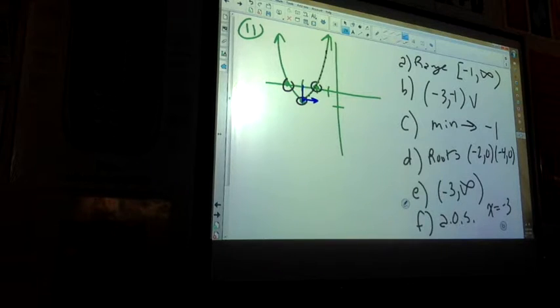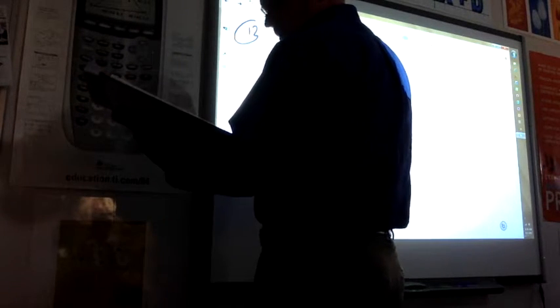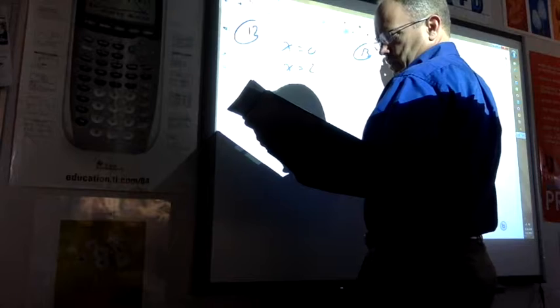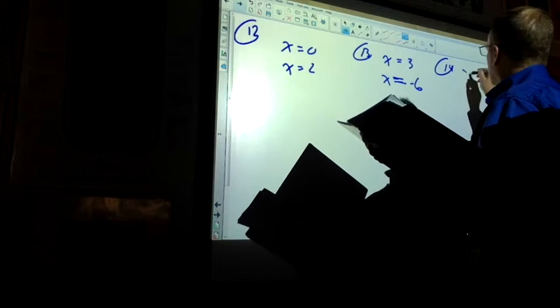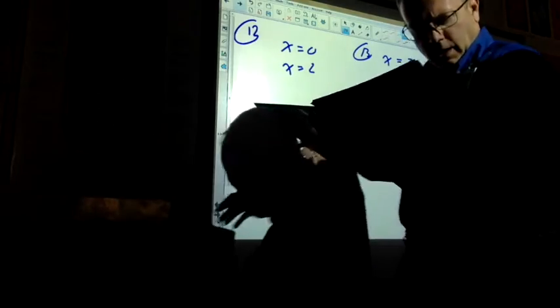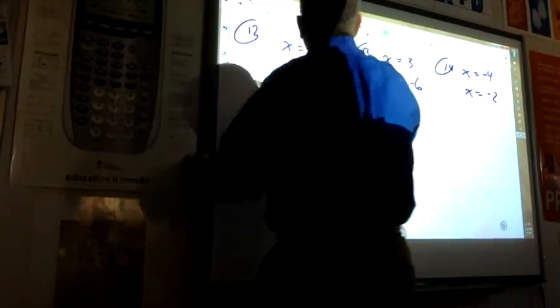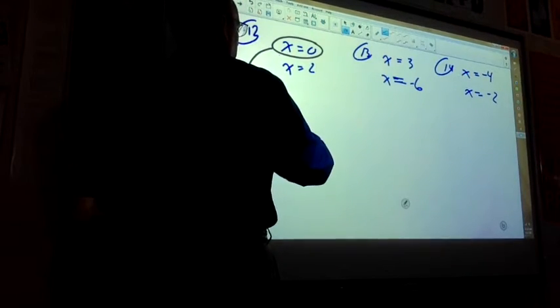12. 13. All right, it says, given the x-intercepts of the parabola, write the factors of a quadratic and multiply in standard form. So if you're going to put this in standard form, this would yield me just x.